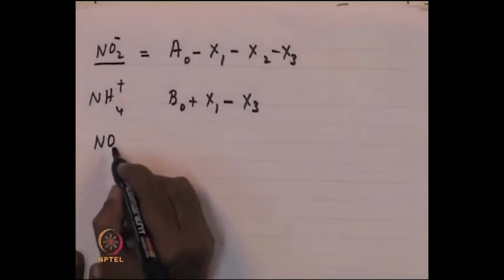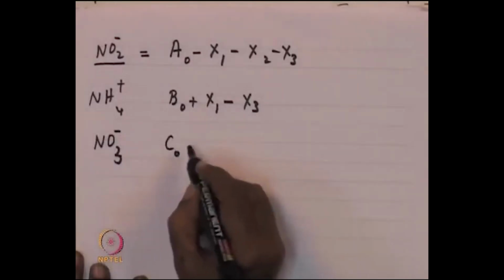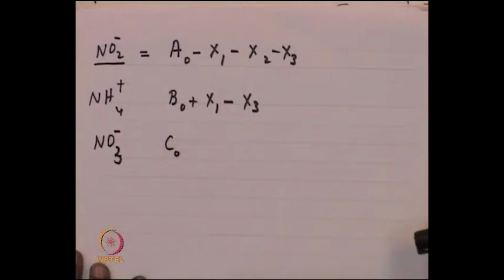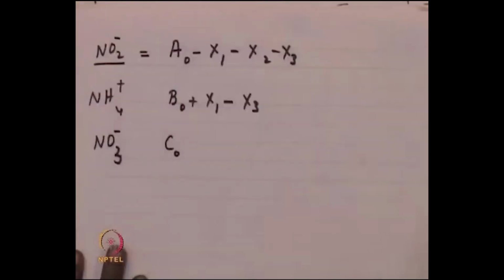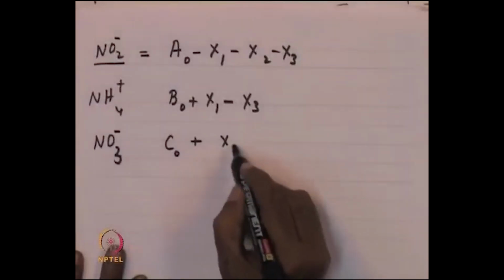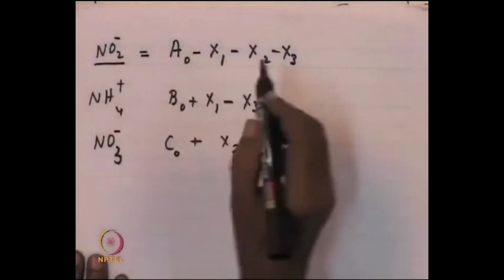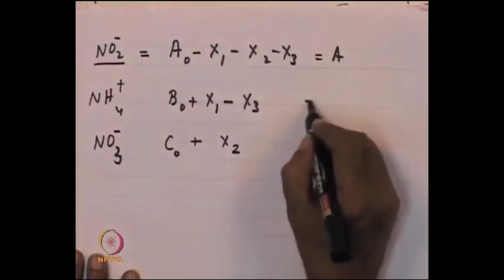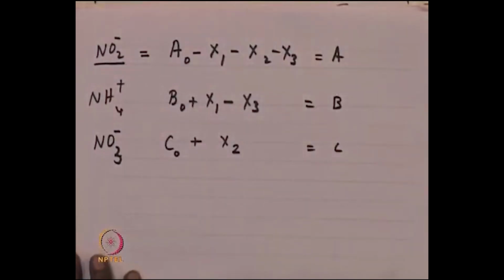NO3 minus, sorry, C naught, and what happens to N? Plus x 2. So, I call these as equal to A, equal to B, equal to C. A, B and C are measured quantities.